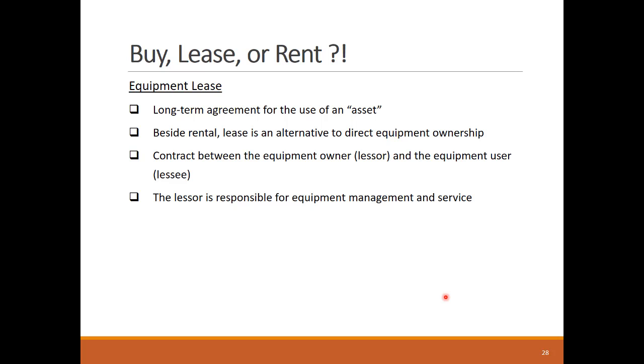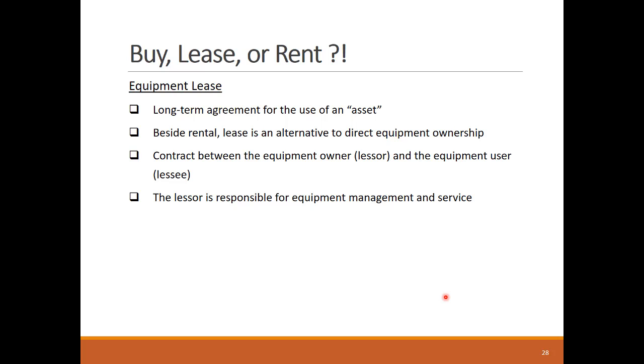Lease is similar to rental, but follows a longer term of agreement with possible transitions into ownership. The long-term agreement is between the equipment owner or the lessor and the construction company or the lessee that will use the equipment, and it states the lease payment and length of the lease period.